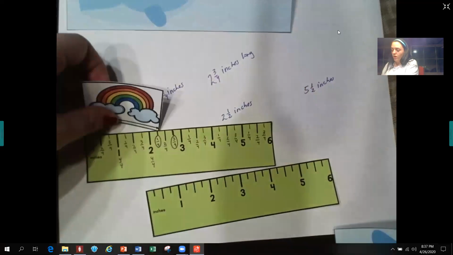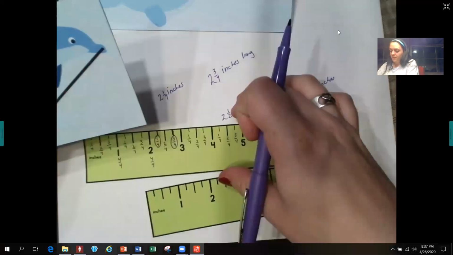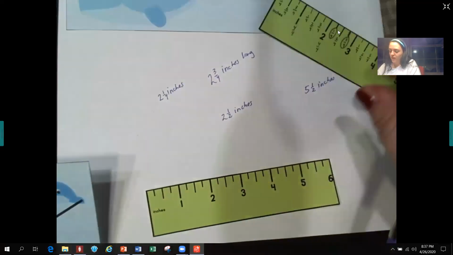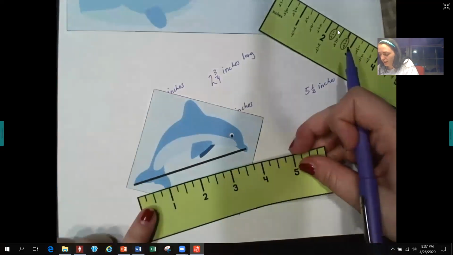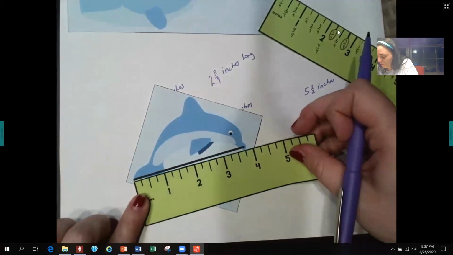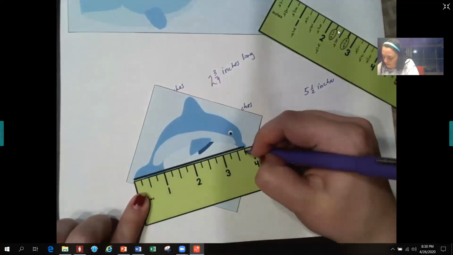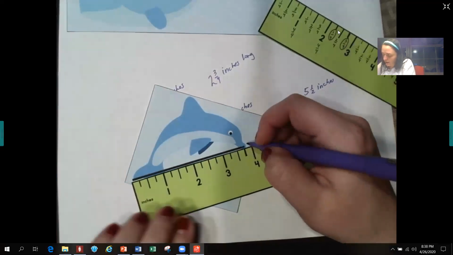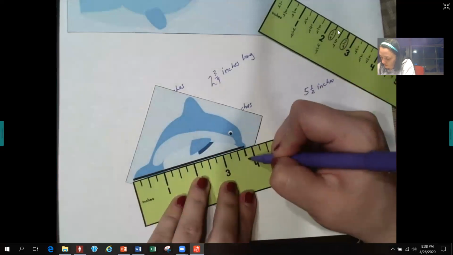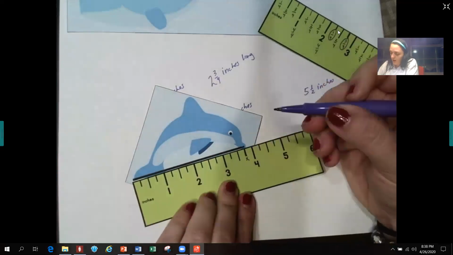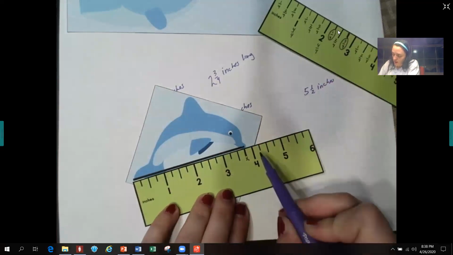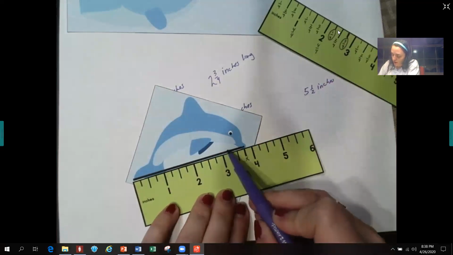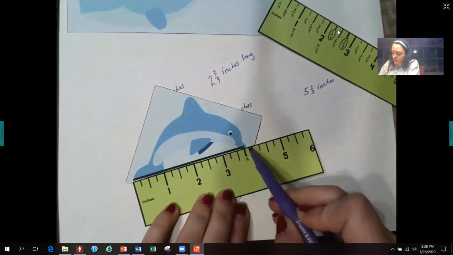And I've got one more thing I'd like to measure, but let's use the one that doesn't have the fractions labeled. Let's see if we can do it. I'm going to line it up at that end, and I'm going to mark on my ruler where the dolphin ends, and I'm seeing that the dolphin ends here. Well, I know it's not 3 whole inches and it's not 4 whole inches, and I can see that my 1 whole inch is partitioned into 4 equal pieces.